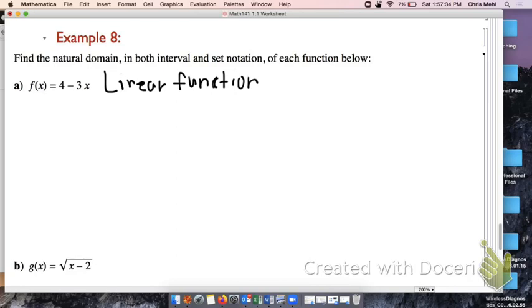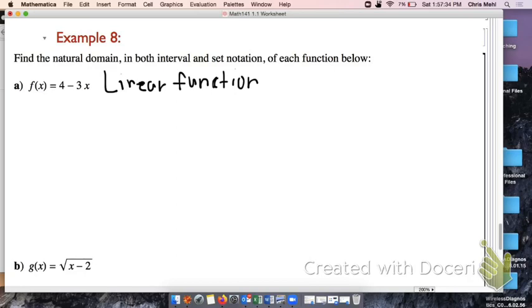Now if I want to find the domain of this, you're asking yourself, what real numbers can I plug in to the expression 4 minus 3x to make sure that I get out a well-defined real number?